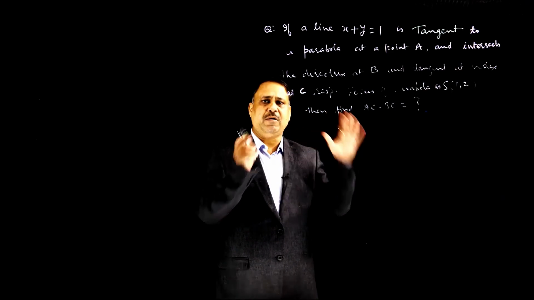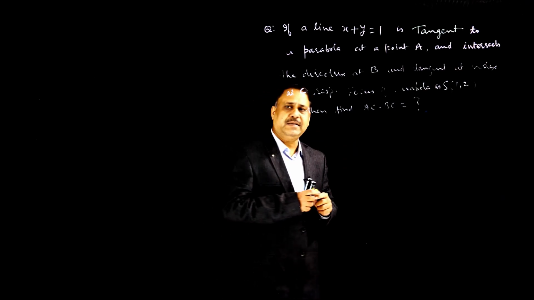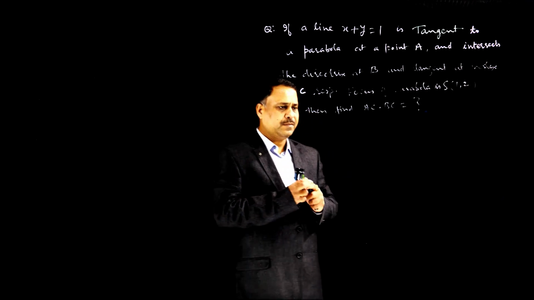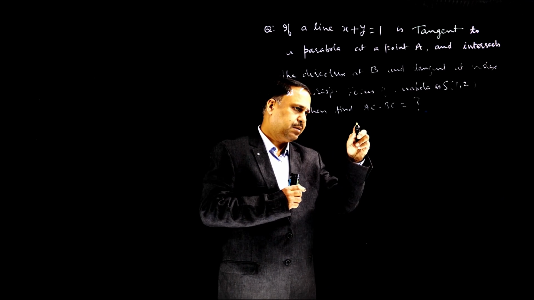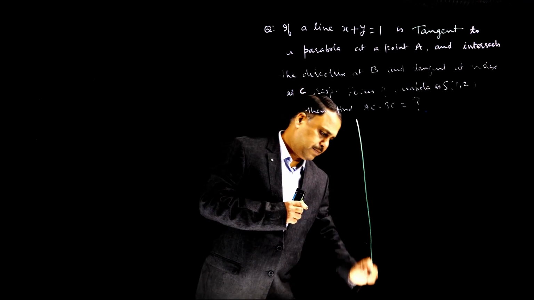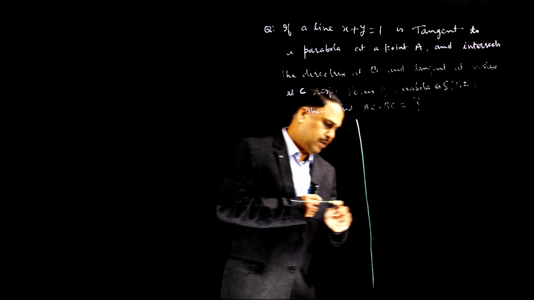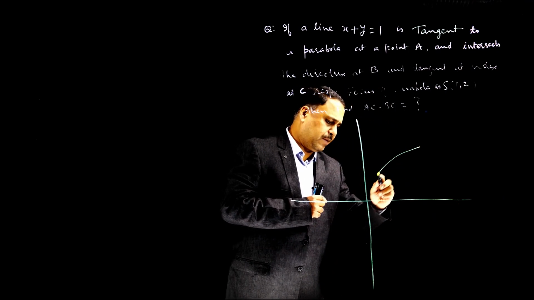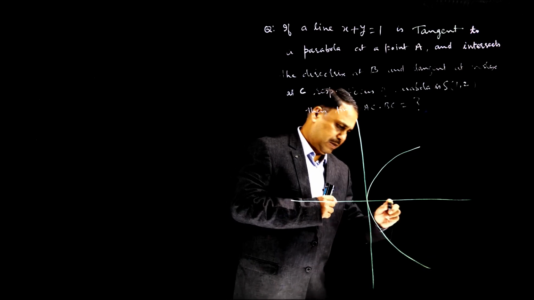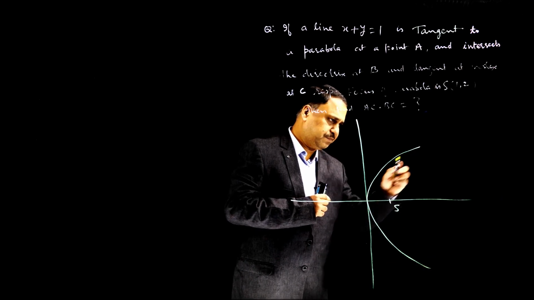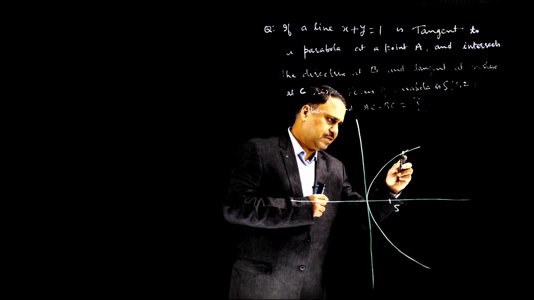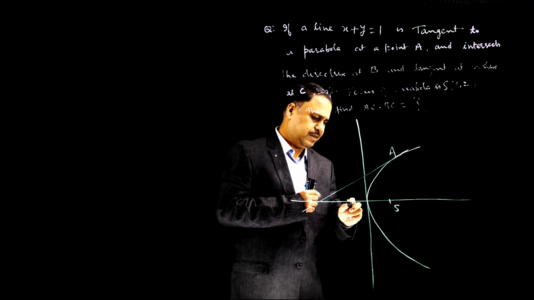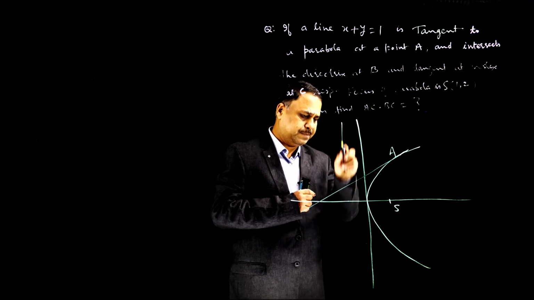To understand this problem, let us make a diagram of this, then we will discuss it. The given information is, suppose this is the vertex, this is the parabola, this is the focus, this is any tangent at a point A, and this is the directrix.